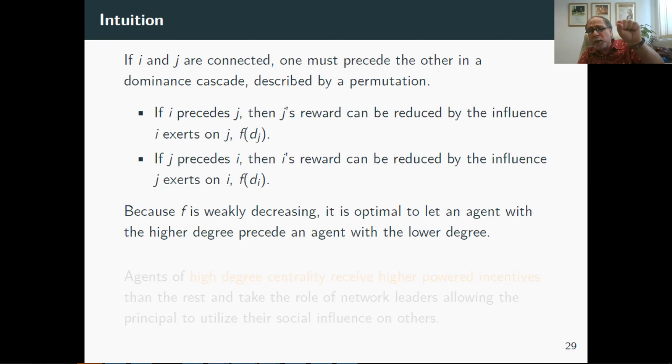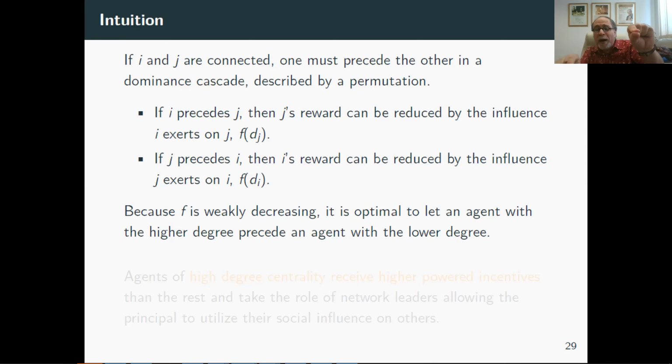But as far as I is concerned, when I construct the mechanism, I has to take into account that J is not making the action, okay? Because I'm building the mechanism based on iterative elimination of dominated strategy, okay?